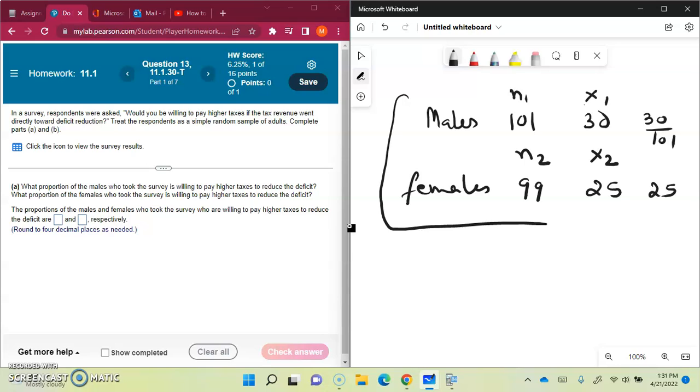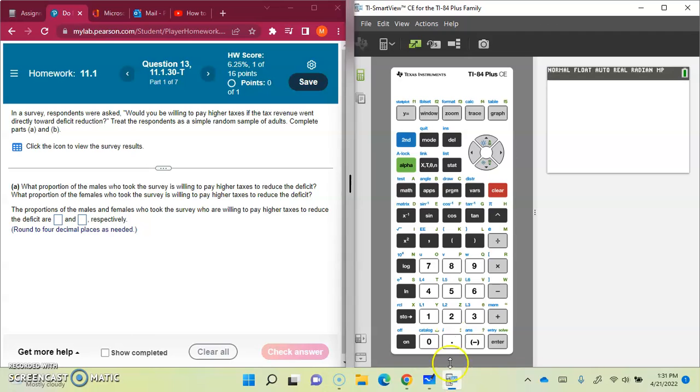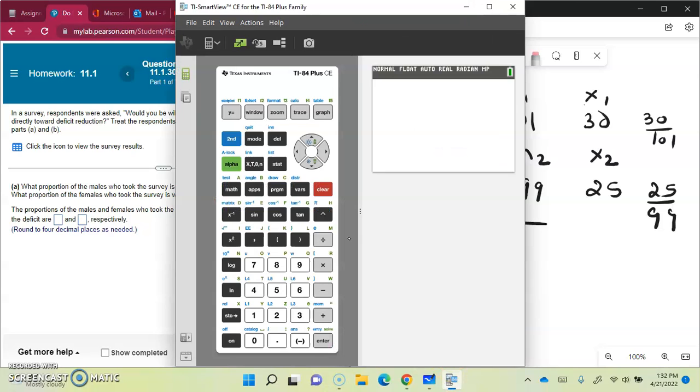That would be 25 out of 99, the proportion of females who are willing to pay more taxes. That is the question, and we can calculate that using our calculator. So 30 out of 101 is for males and 25 out of 99 is for females.